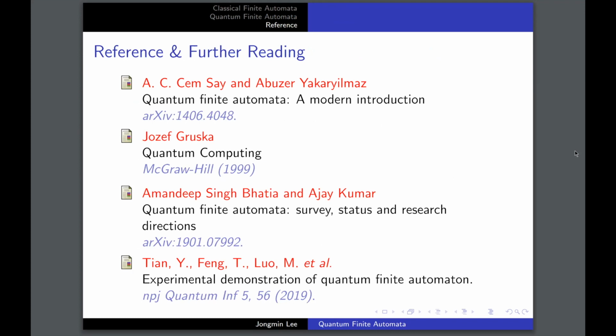This reference is from the automata book, and this is the recent research status, and some experimental tries about the QFA.